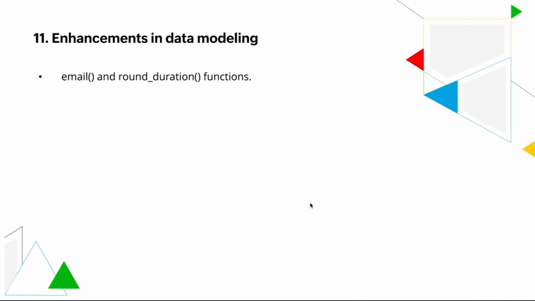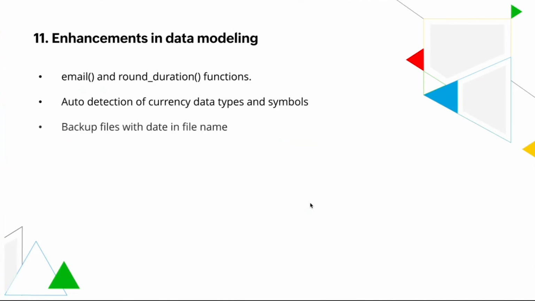Say, for example, it could be rounded off to seconds, minutes, hours, or even days. We now automatically detect the currency data types and symbols in the formula columns. And finally, we have now appended the date to the file name of the backup files. Hence, you can now maintain versions of the backup files based on the date stamp.